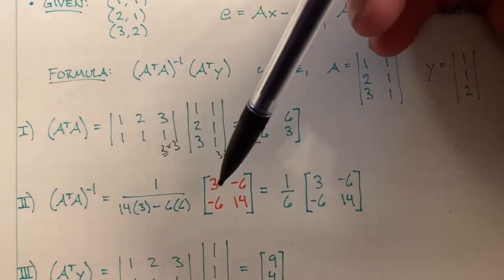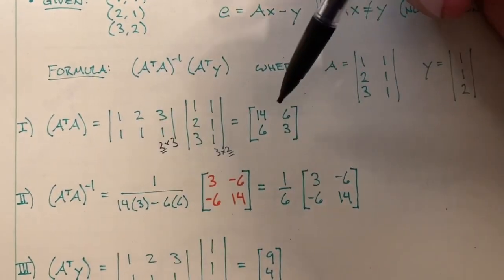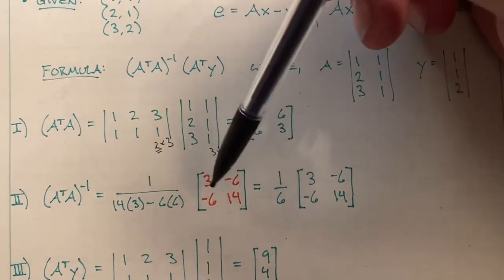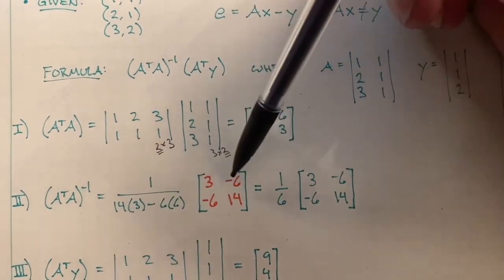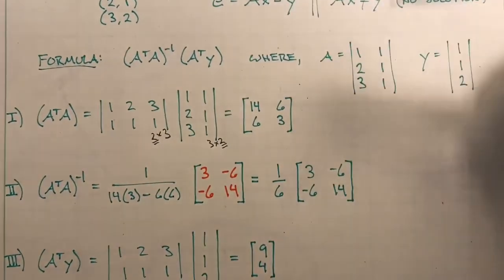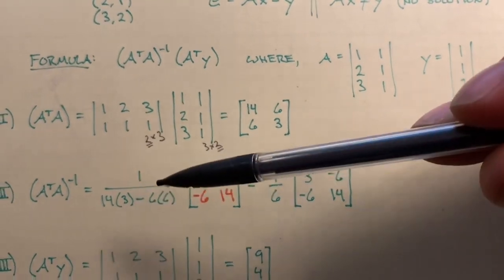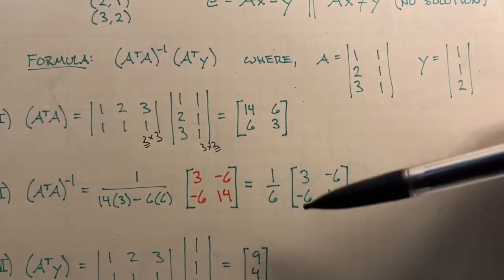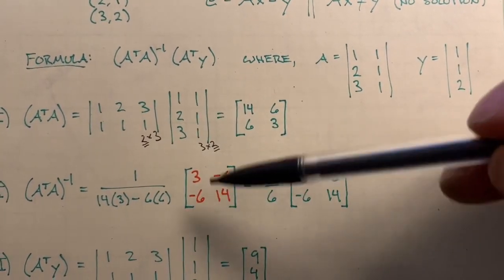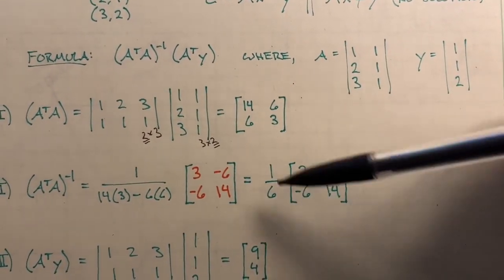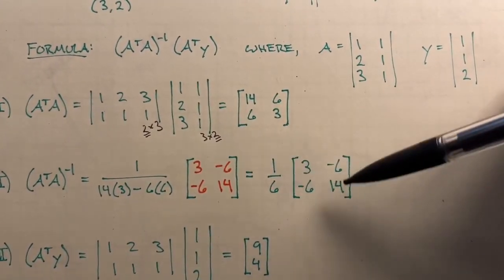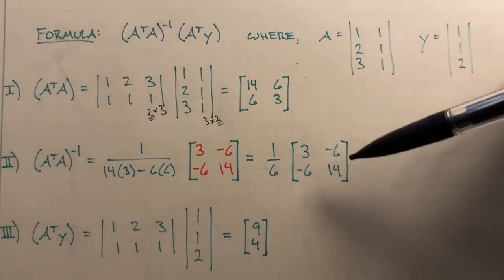And then we need to invert our A transpose A matrix, which means 14 is going to 3, 3 is going to 14, and my other two entries are getting a negative sign in front of them. 14 times 3 minus 6 times 6 is 6. The 1 carries over, and then we'll just take our inverted matrix and set it here. So now we have A transpose A inverse here.